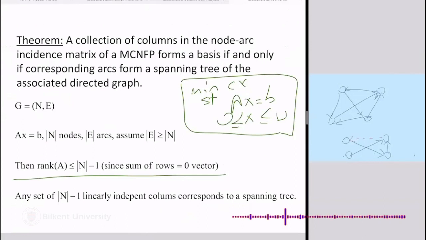We're not full rank, but we will have n minus 1 basic variables, which are the columns of the arcs representing the spanning tree. Any questions? Okay. So we have derived that a basis for an MCNFP problem will be in the form of a spanning tree. Good.